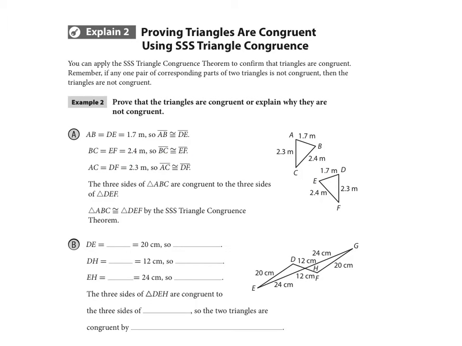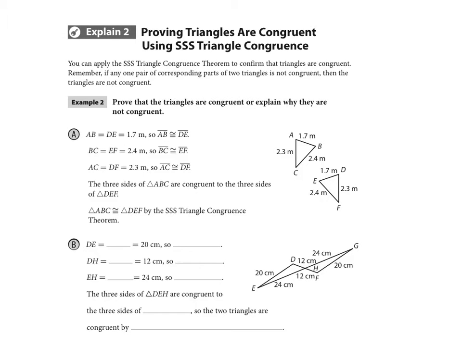And then AC, the medium length side, corresponds to DF. They're both 2.3, so AC is congruent to DF. Therefore, since three sides of triangle ABC are congruent to three sides of triangle DEF, the two triangles are congruent by side-side-side triangle congruence.